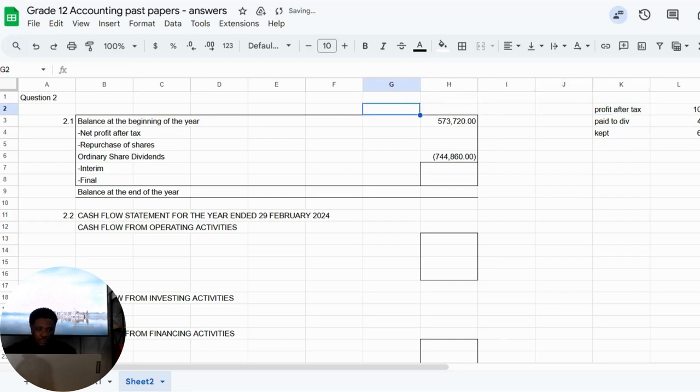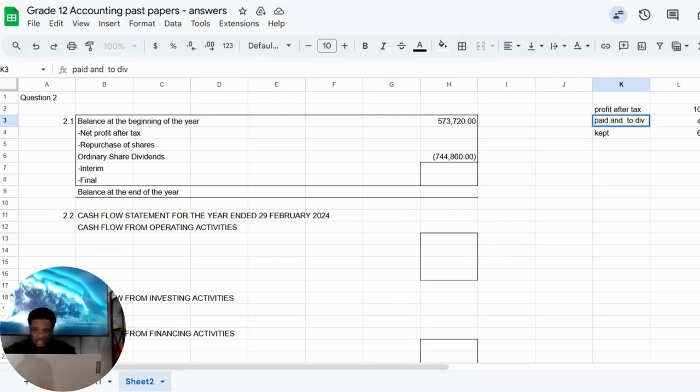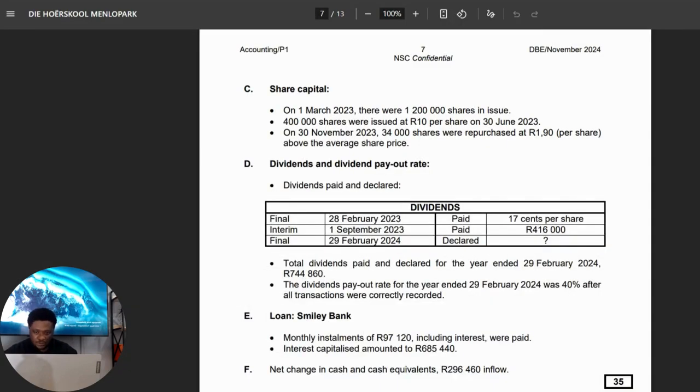So let's work that out then. So basically we have the dividend paid out and paid and declared. Let's just add that, paid and declared, because it's interim and final. So paid and declared is 40. So let's look at the information that will help us to work this out. It says total dividends paid and declared were 744,860.